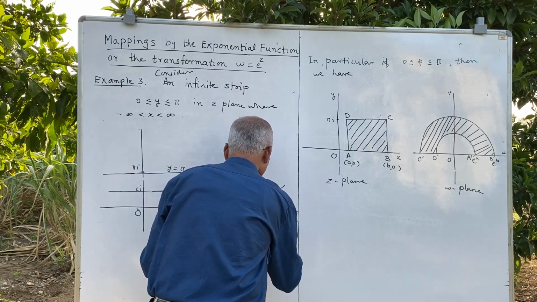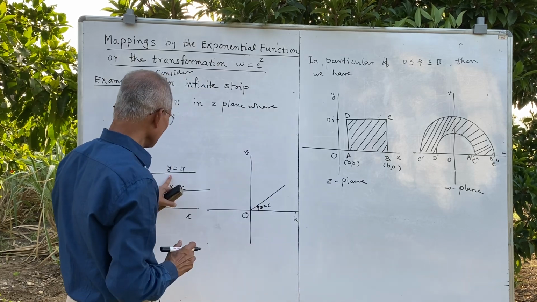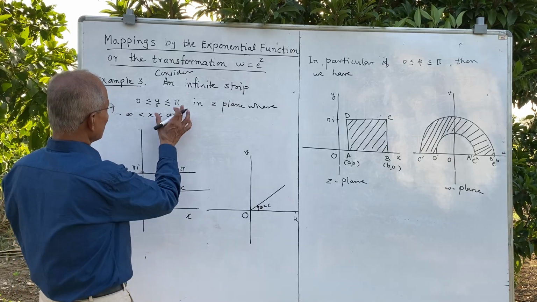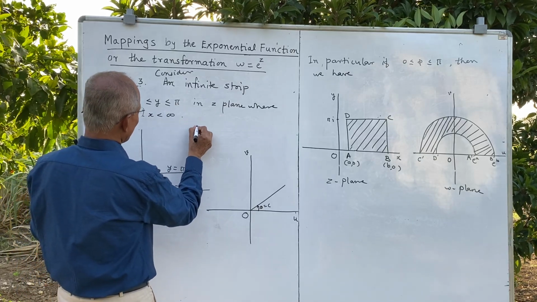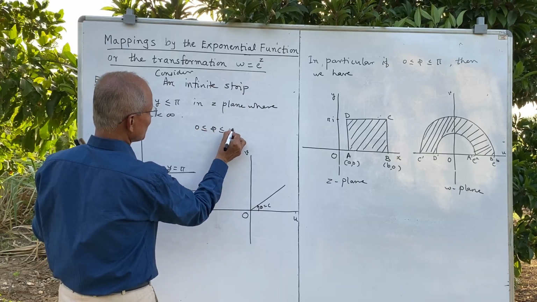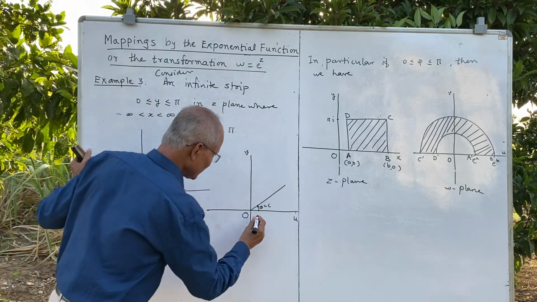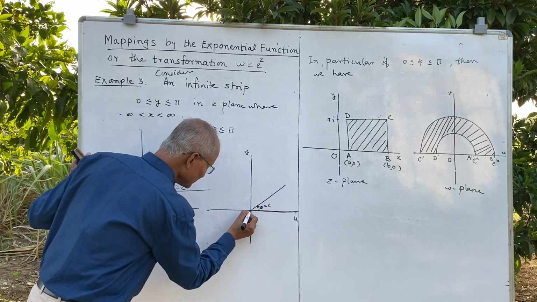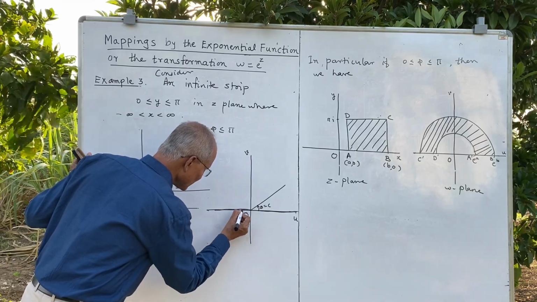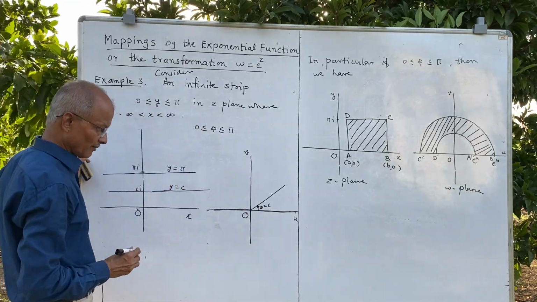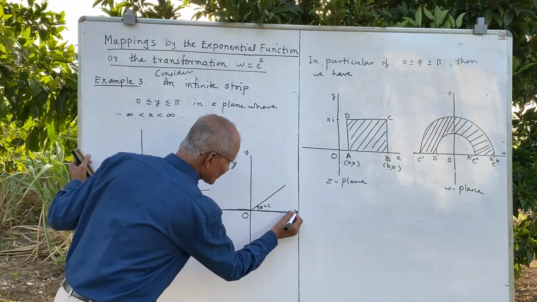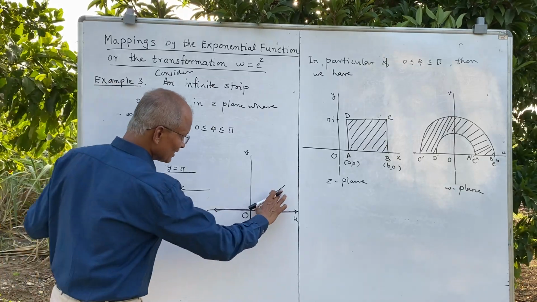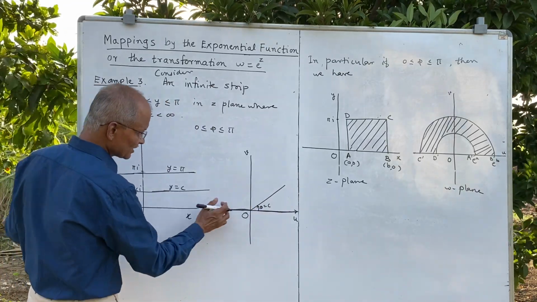But what about y equal to pi? Y is pi means phi is equal to pi, where phi is between 0 and pi. Phi equal to 0 is exactly this line, that is the u axis. Phi equal to pi is this ray, not a line but a ray, and thus these are the boundaries. Phi equal to 0, phi equal to c, and y equal to c is the intermediate line. That means this line is mapped on this ray.